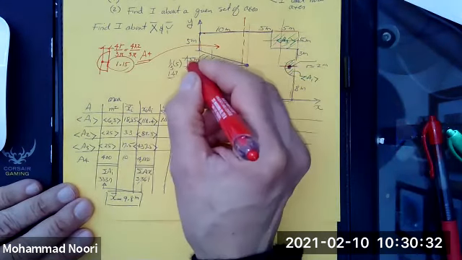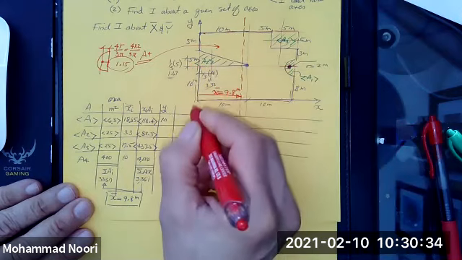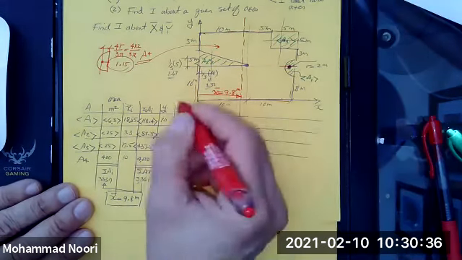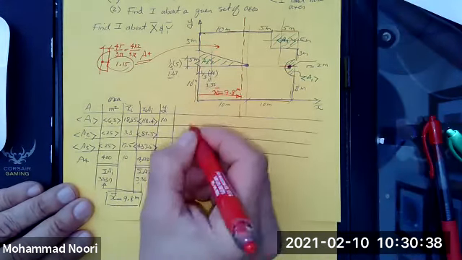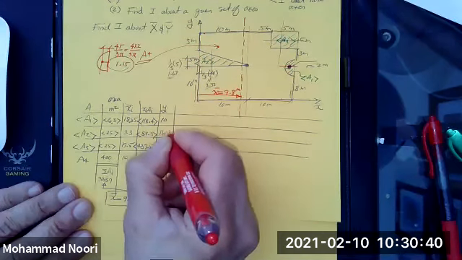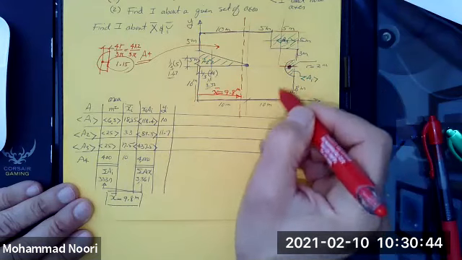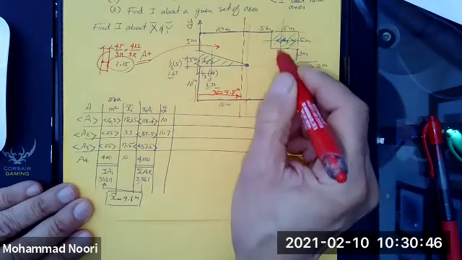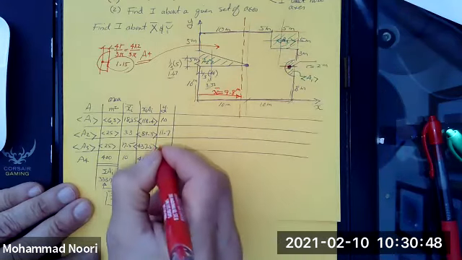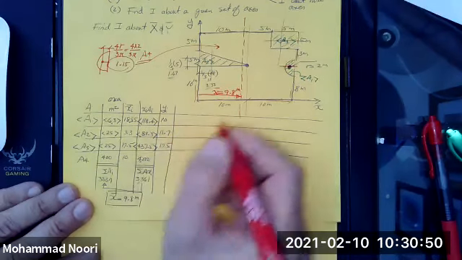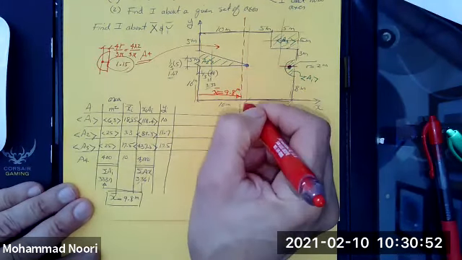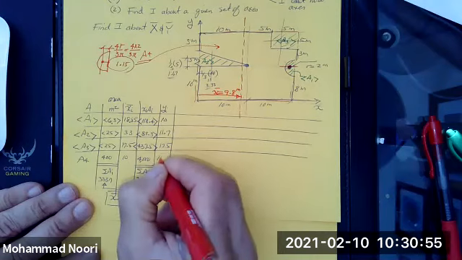For this one, it would be 1.7 plus this, since you're measuring from the x-axis, so it would be 11.7. For this one, it would be from here to here, which is 15 plus 2.5, 17.5. And for this one, it would be 10.